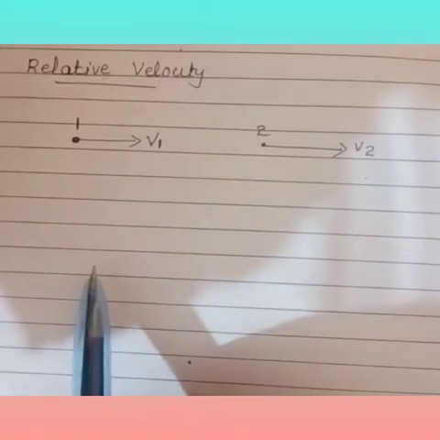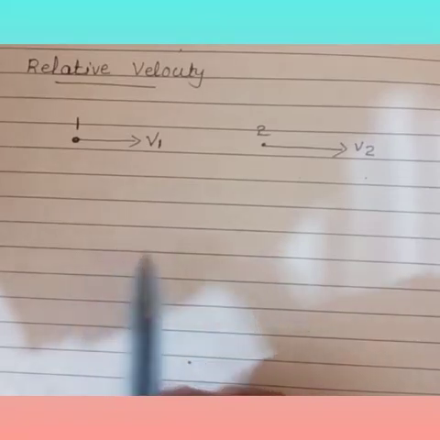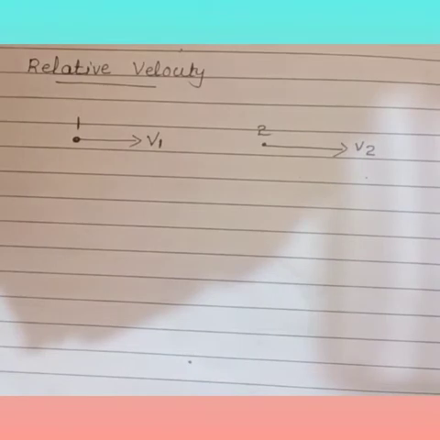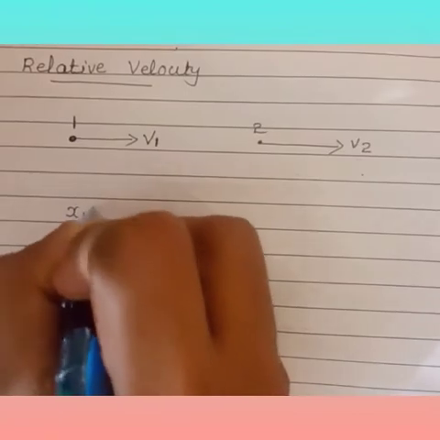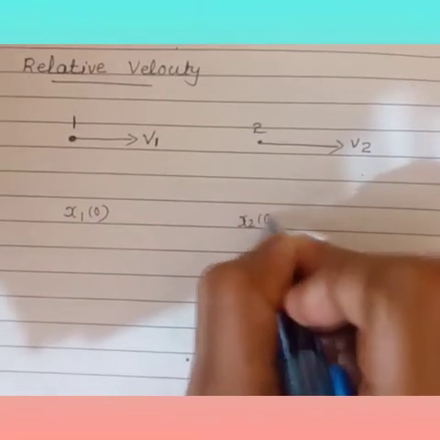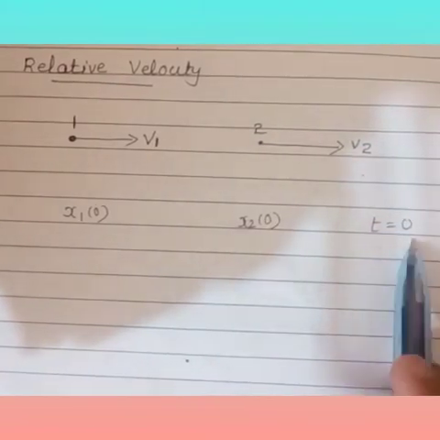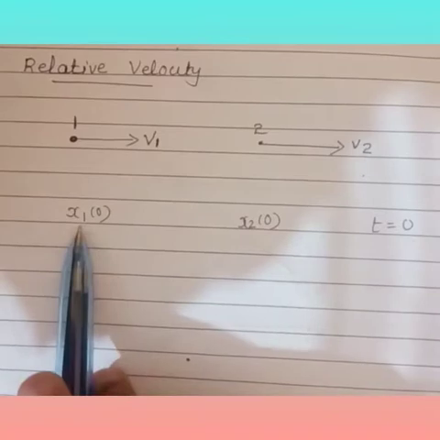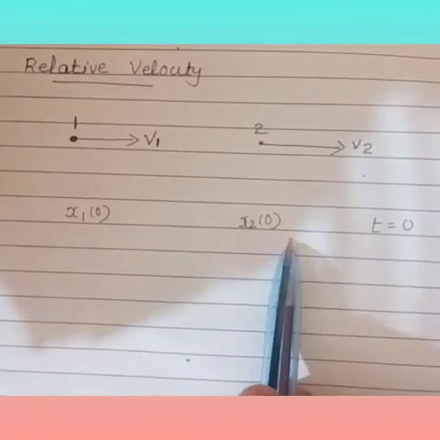Suppose the position coordinates of the two objects at time t equal to 0 are x1 0 and x2 0.